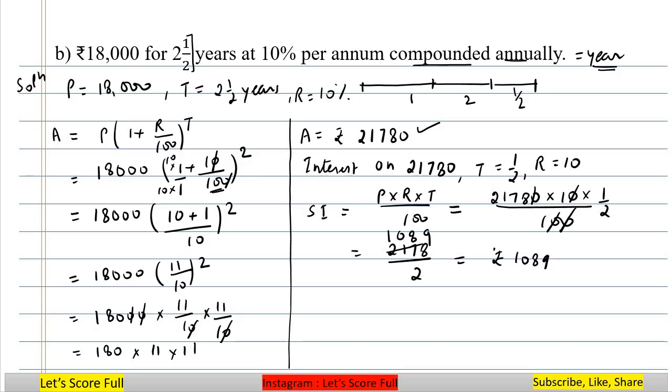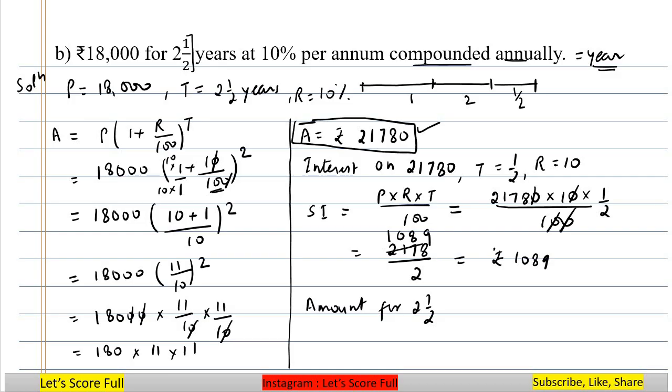What have they asked? They have asked the amount and compound interest. So here the amount will be the amount for 2.5 years. Remember this amount, we got here also amount.